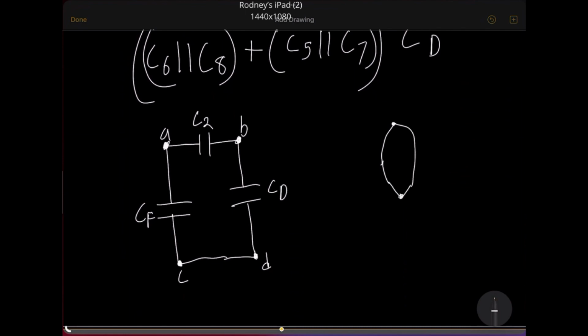They're in parallel. They're on the opposite sides. This is CF and CD. So they're in parallel in this case. Only because C2 is there. No, it's not because C2 is there. It's because it's in a loop.